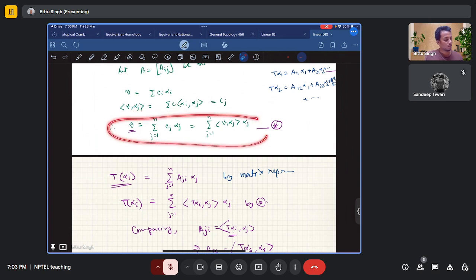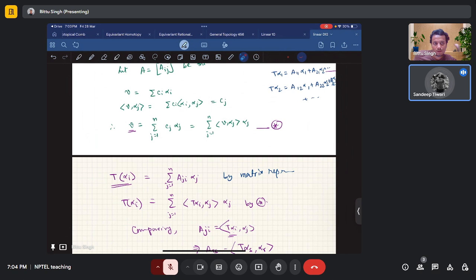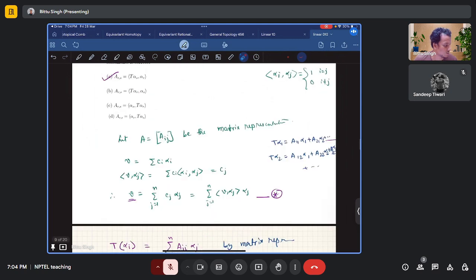You can already assume this step. Yes, sir. T alpha is actually in V, so it can be written as a linear combination of alpha i's, and so we get this. Yes, exactly. So you can directly start with this step.